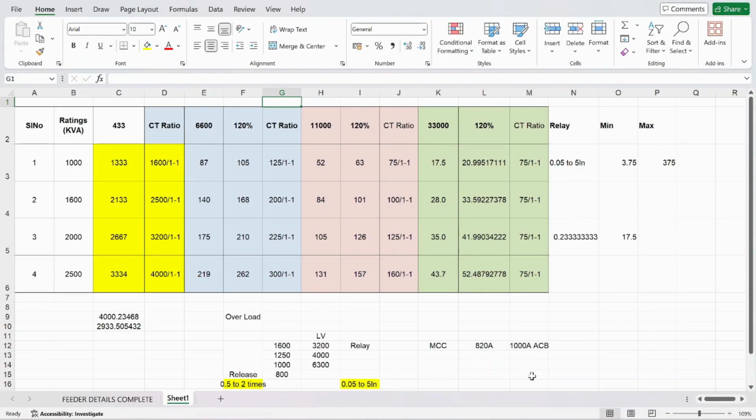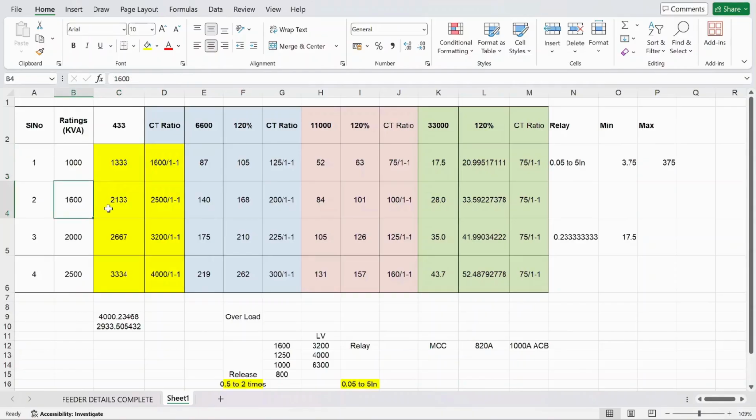Can you see the Excel sheet? Yes. So we have 1000 kVA, 1600, 2000 and 2500 kVA transformers. At 433 volts, which in India we call the secondary no-load voltage, at 1000 kVA the current is 1333 amps.